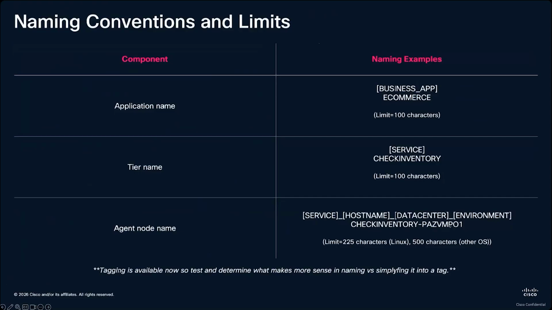So sometimes the host name, sometimes the things that you already have standardized and named in your environment, already captures it for you. And that's what we tried to give an example of here.